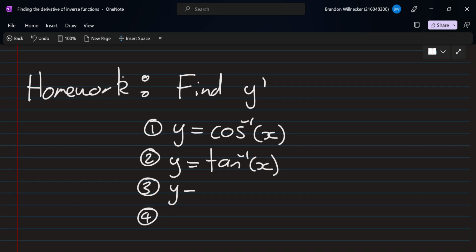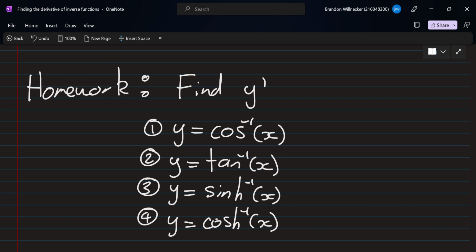Number 3, y is equal to sine hyperbolic inverse. That might sound a bit odd, but I'll write out the definition for sine hyperbolic, and that should help you with these problems. And y is equal to cos hyperbolic inverse.